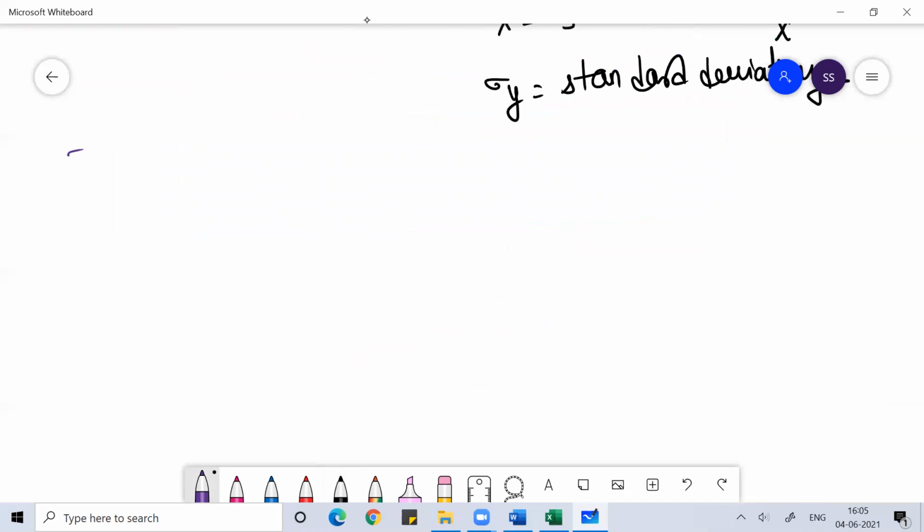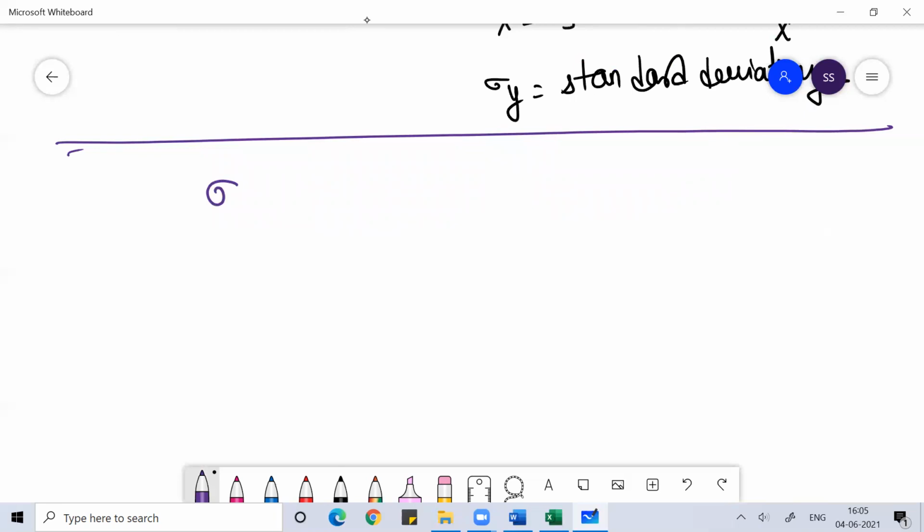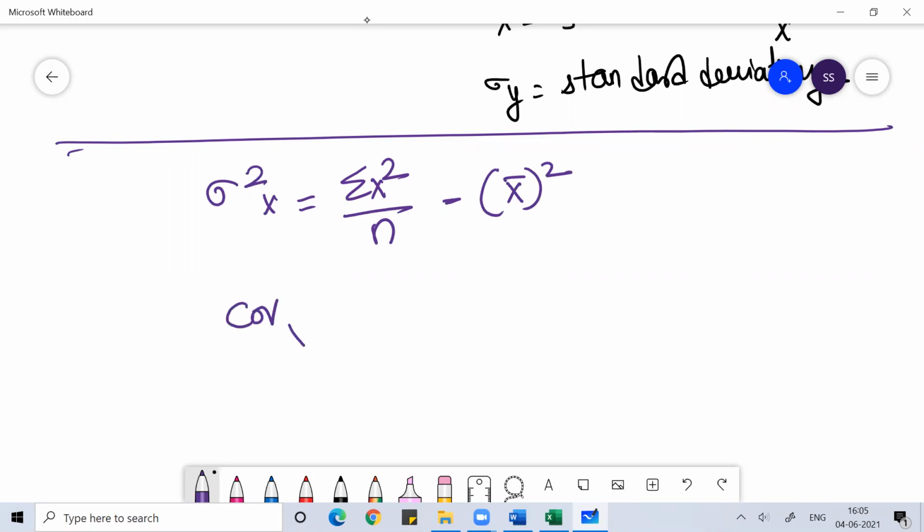You know the formula that variance of x is equal to sum of x square by n minus x bar square. This is the formula you know. Now covariance between x and y is basically sum of xy by n minus x bar into y bar. This is covariance between x and y.